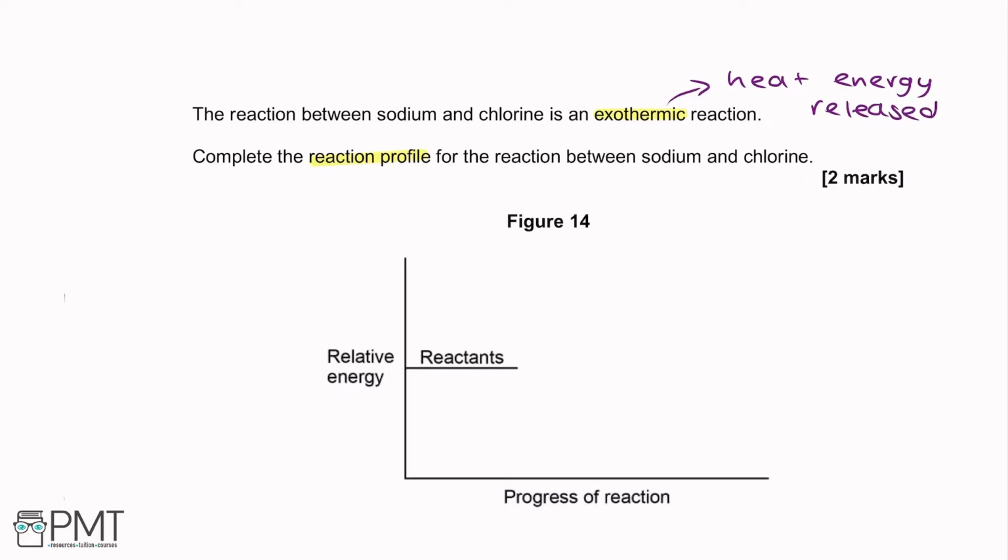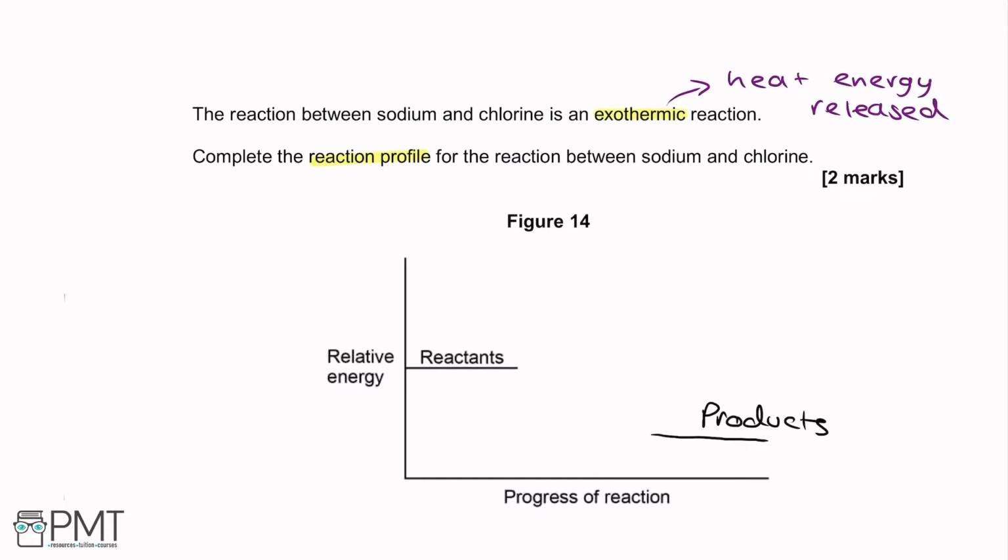Okay? So let's think about that in terms of our reaction profile diagram. Well, that means that the relative energy of the products is going to be lower than the relative energy of the reactants. Okay, because that energy is being released into the atmosphere.